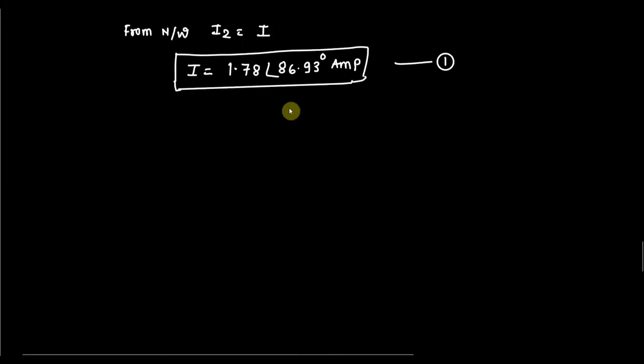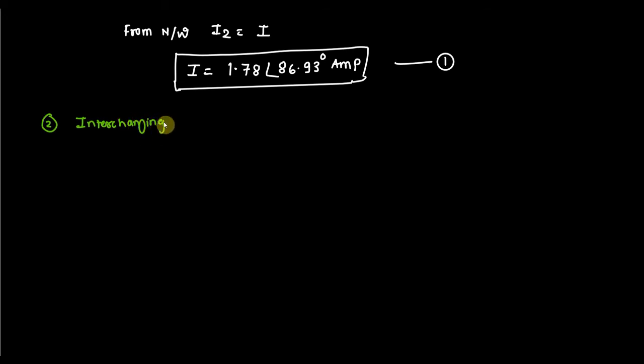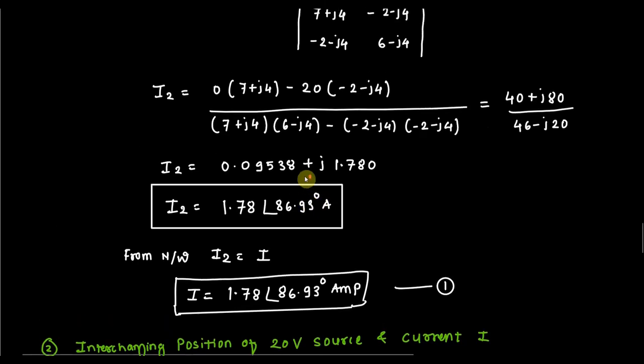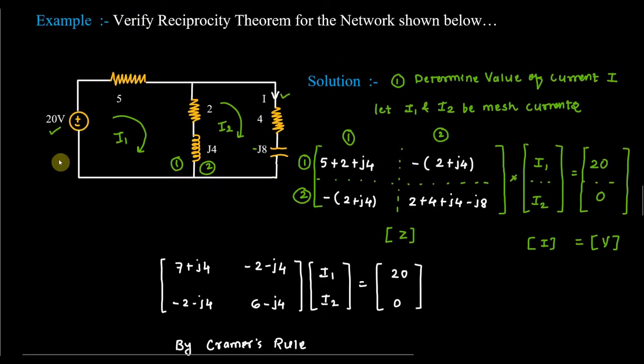So I will write step number 2: interchanging the position of the 20 volt source and current I. So when you do this, what will happen?